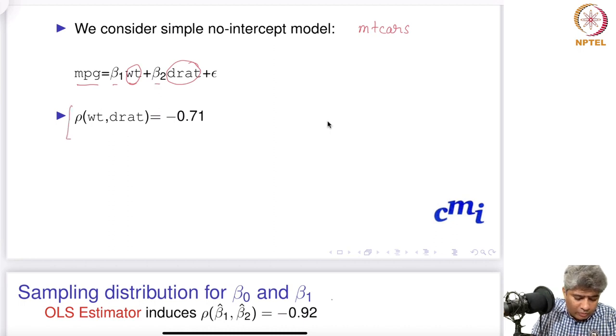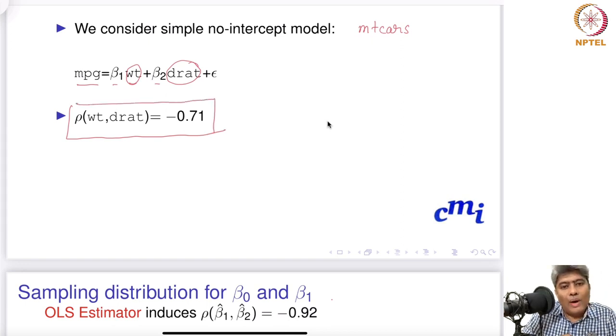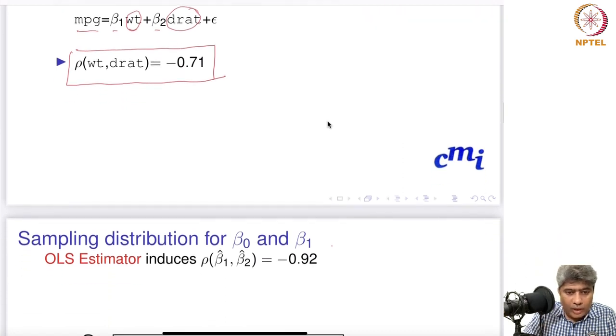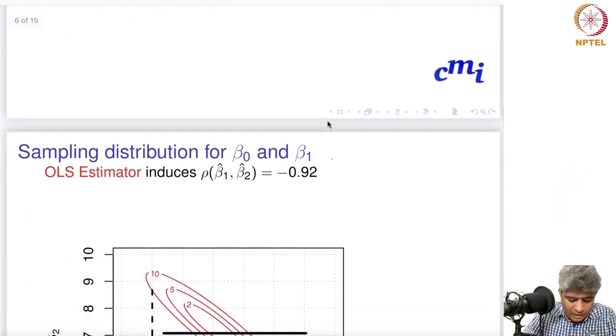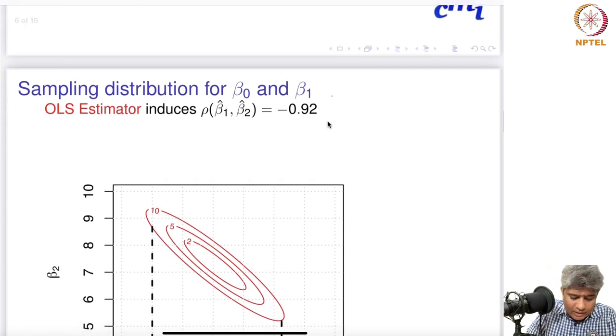I know the correlation between weight and rear axle ratio is negative 0.71. Not very bad, like 0.99 or something, but on the higher side. Now what is happening? If you estimate β1 hat and β2 hat, the OLS estimators, the correlation will be 0.92.